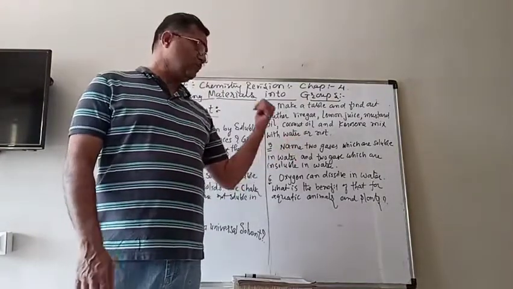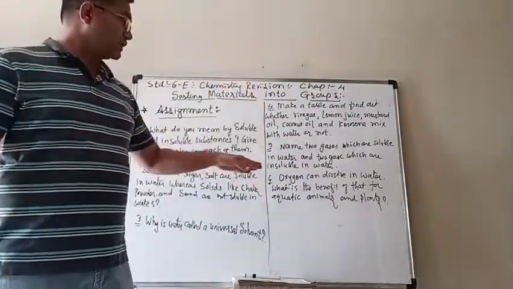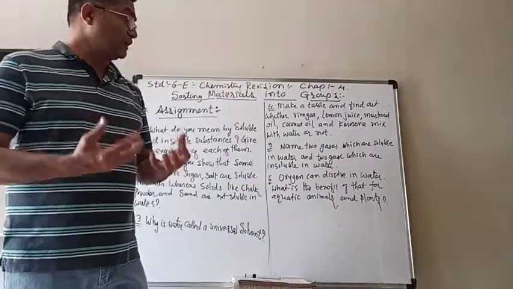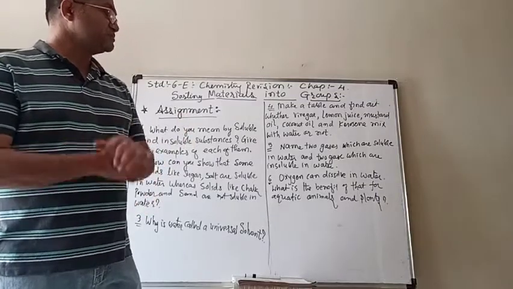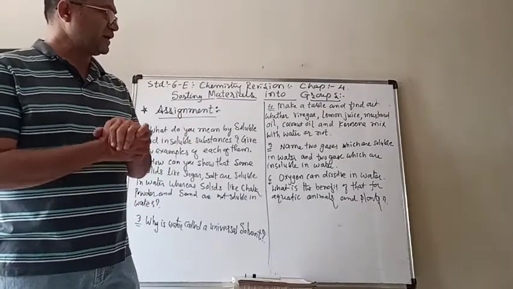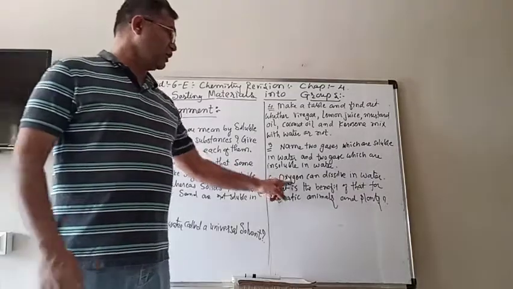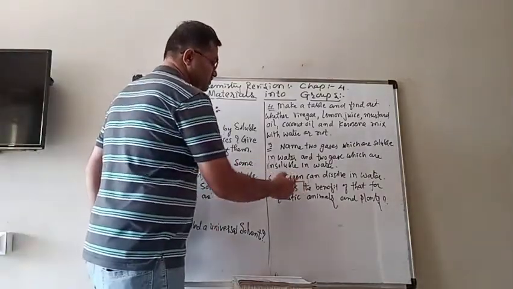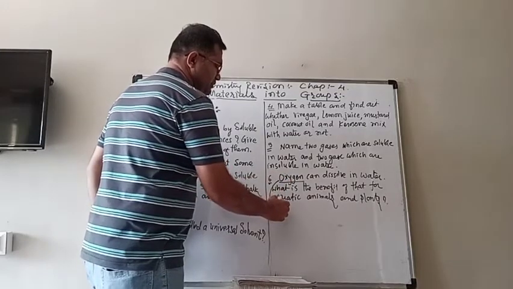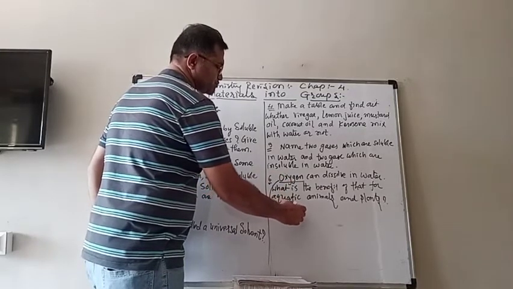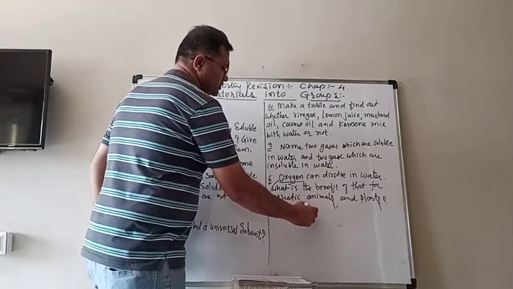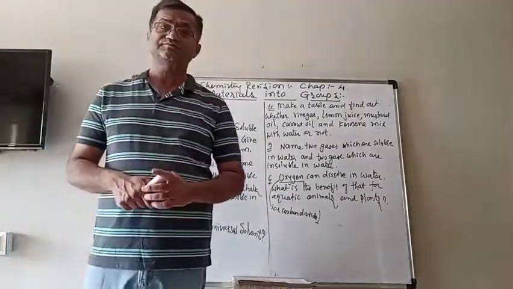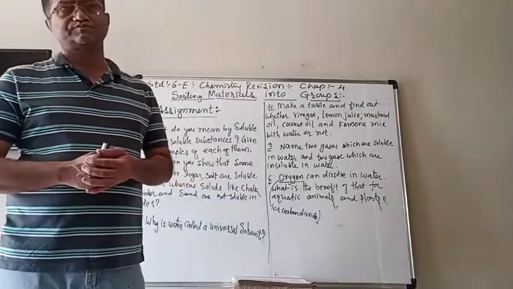So now the oxygen can dissolve in water. What is the benefit of that for aquatic animals and aquatic plants? Not only oxygen, but you can say the carbon dioxide also. Oxygen or carbon dioxide, both. We know that all living organisms need oxygen for survival.